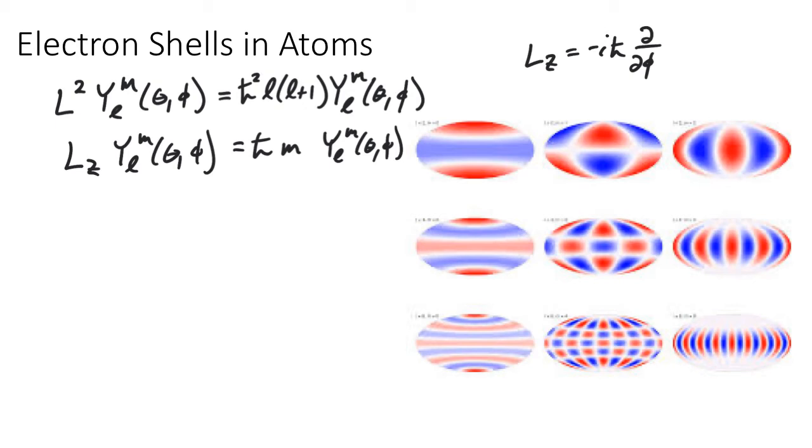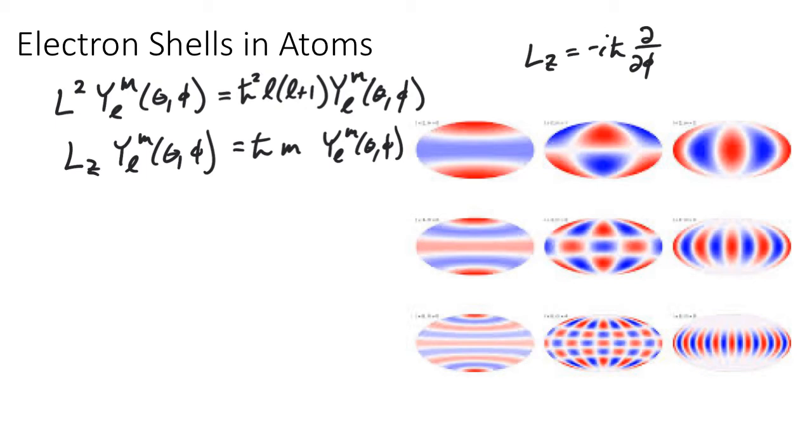In each of these cases, you're taking a sphere and sort of unwrapping that sphere into this oblong shape. And then the blue and the red describe when the Y_LM, particular Y_LM, is large or small, meaning positive or negative of large amounts.